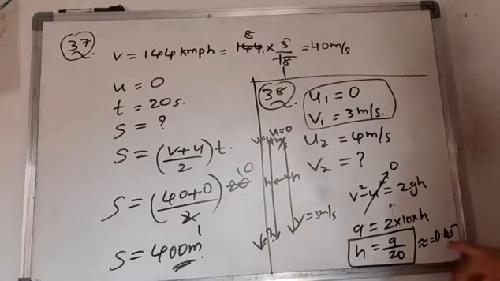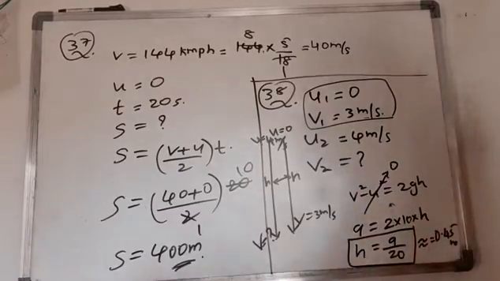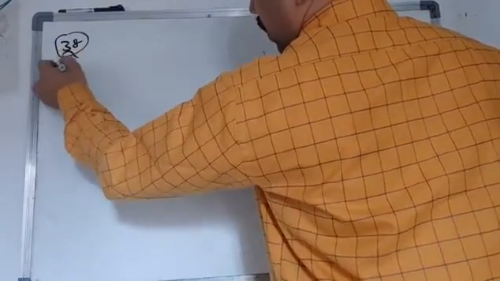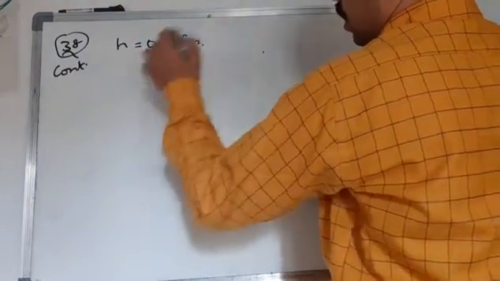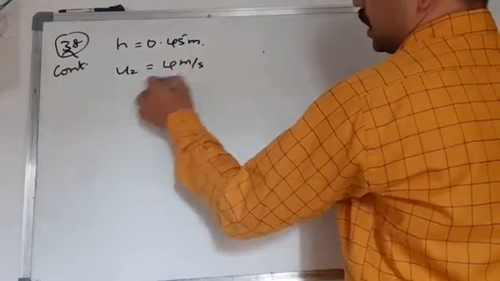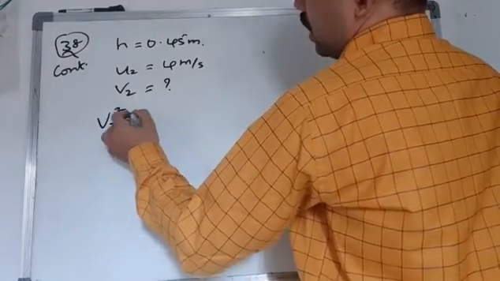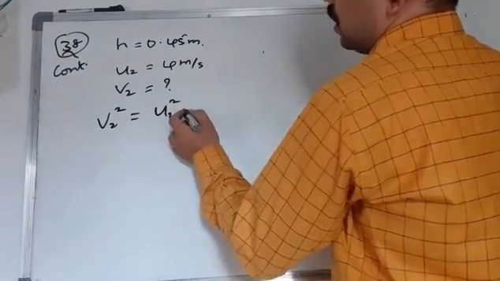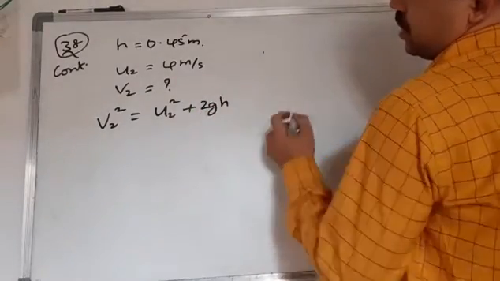Right. Now, in the 38th question continuation, h is equal to 0.45 meters we got. So u2 is equal to 4 meter per second, and v2 is what they are asking. Again v2 square is equal to u2 square plus 2gh.